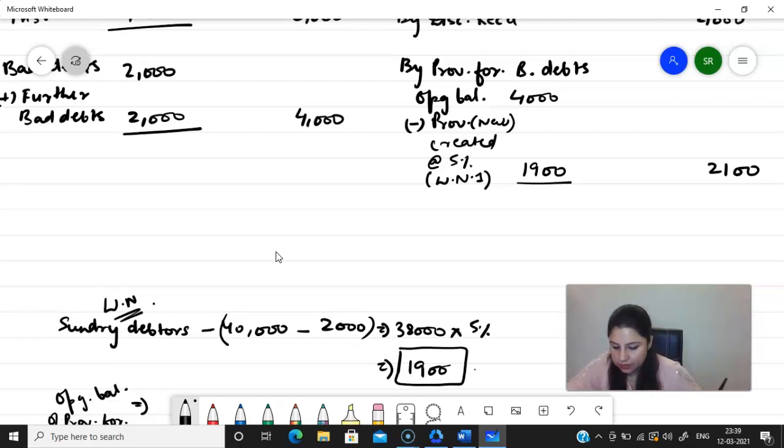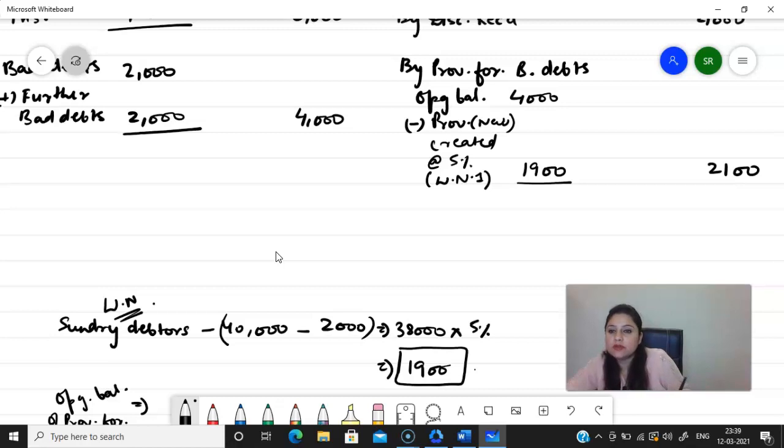All right, so this 2,100. After this, we have provided for the provision for bad debts, we have recorded the discount received. In the adjustments we have adjusted outstanding salaries, outstanding rent, then taken care of the accrued interest, prepaid also. So we have to now provide the depreciation on plant and machinery.